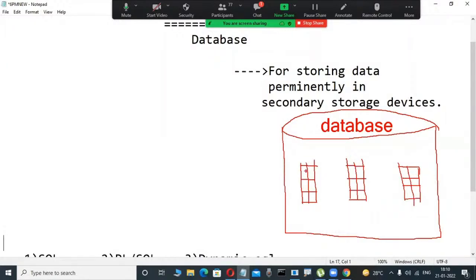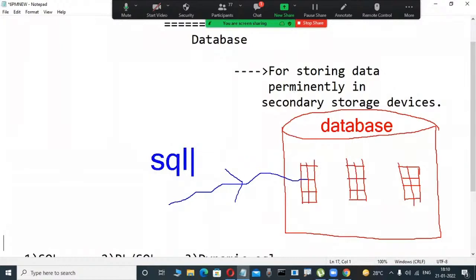Everyone knows that in mathematics, matrices have rows and columns. That's why a structured collection of data is stored, and we access this data using SQL, the structured query language.